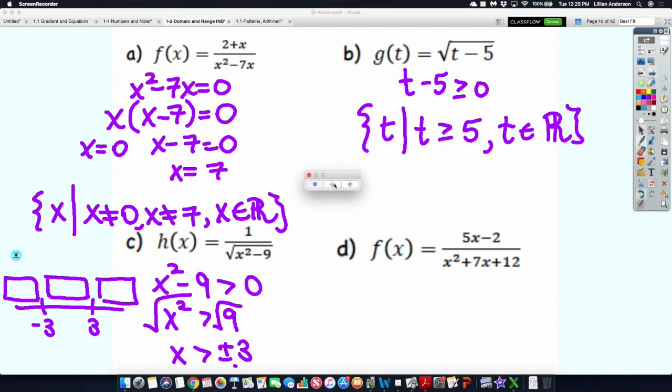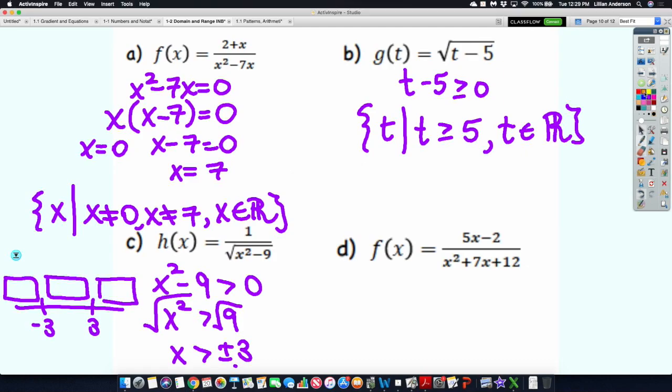In order to figure out what it is, we have to check. We have to see which regions actually work. And that's why I said this one's a doozy. But it only occurs when you have a square root in the denominator. It's the only time you're going to have to do this.